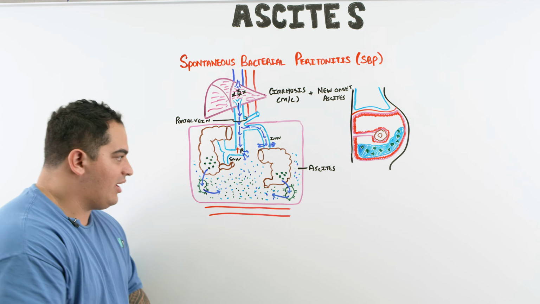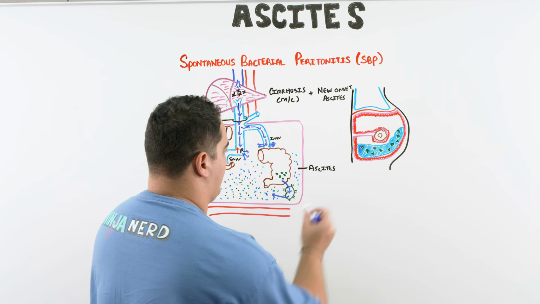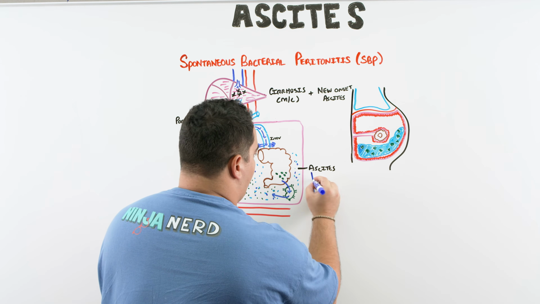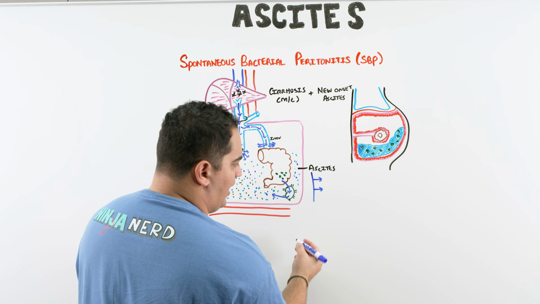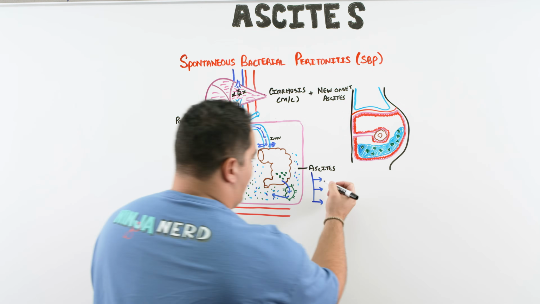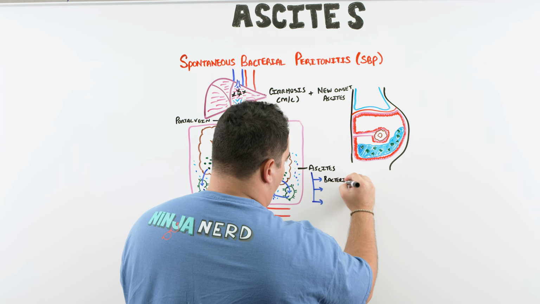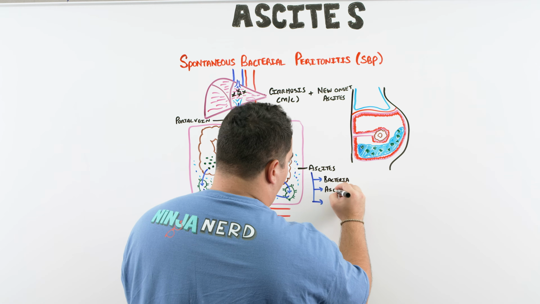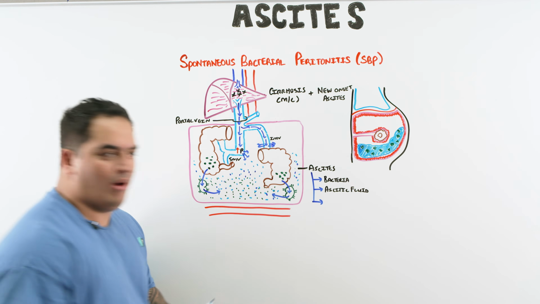Now here's the interesting component. Within this ascitic fluid I have a couple different things. I have protein, I have other types of fluid and electrolytes, but I have bacteria. That's the really big thing here, right? So let's say that here I have bacteria, which is the one big thing. The ascitic fluid is another big thing, but there's one more component.